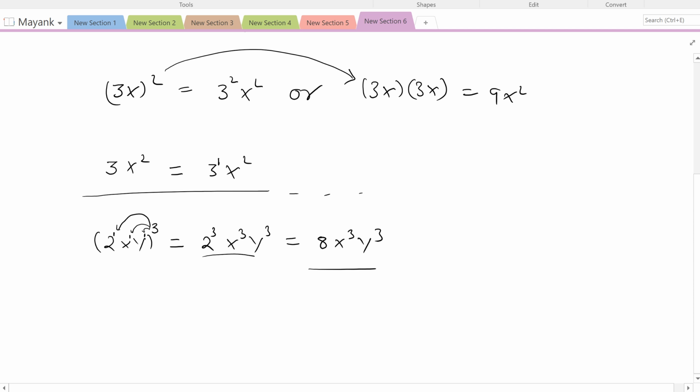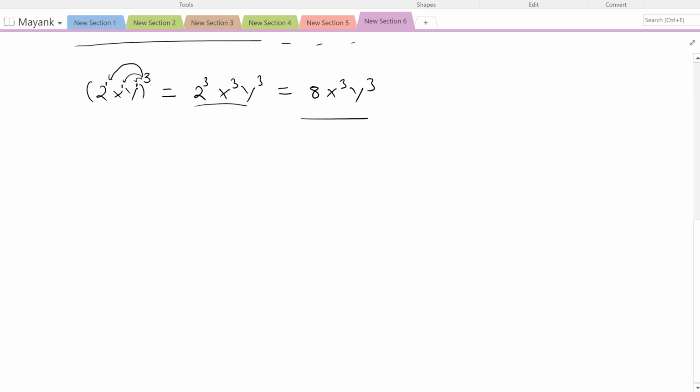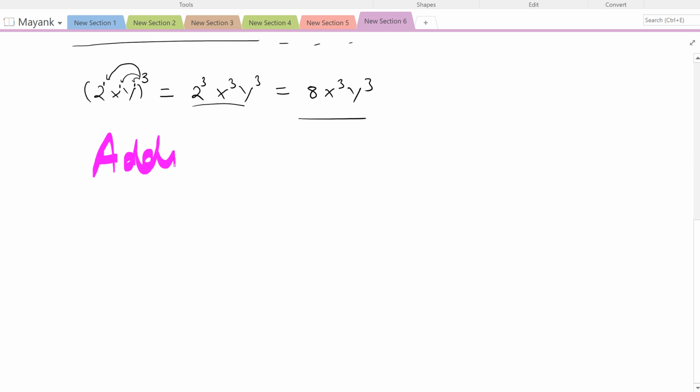Here we go. Now, next thing is adding or subtracting powers. Now, how do we add the powers?